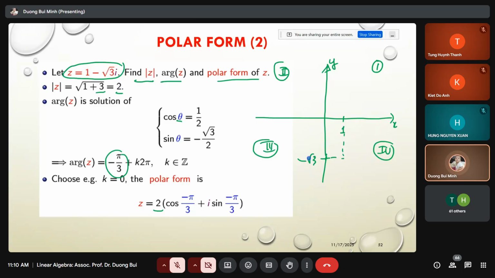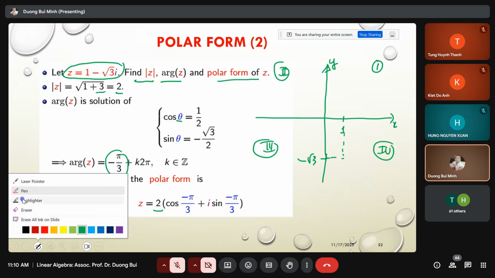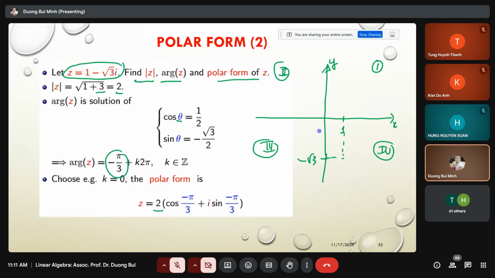So this one is x, and this one is theta. You can get theta as tan to the power of minus 1 of the absolute value of square root of 3 divided by 1.